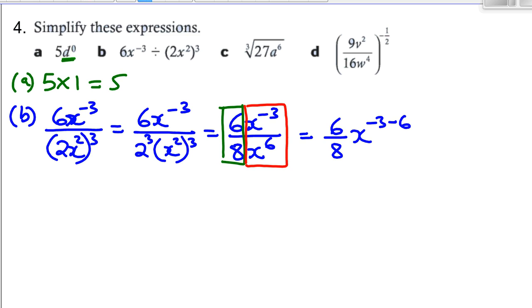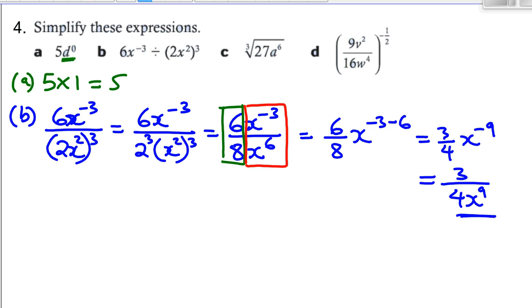By the way, 6 over 8, if you simplify, is 3 over 4, and then you'll have x to the power negative 9, of course, minus 3 minus 6 is minus 9. You can simplify this to 3 over 4x to the power 9, because you have a negative, you can bring it down. Good.